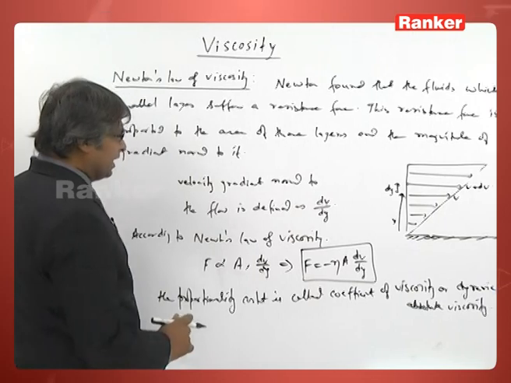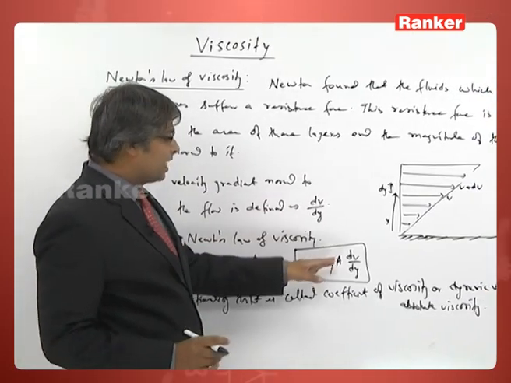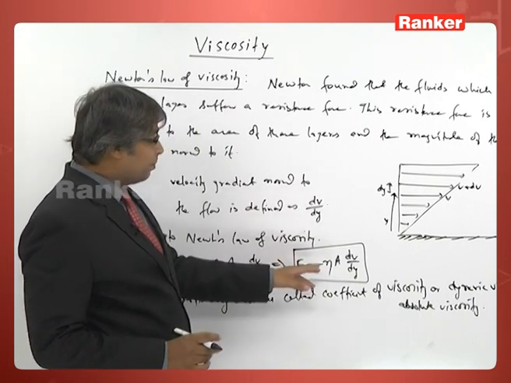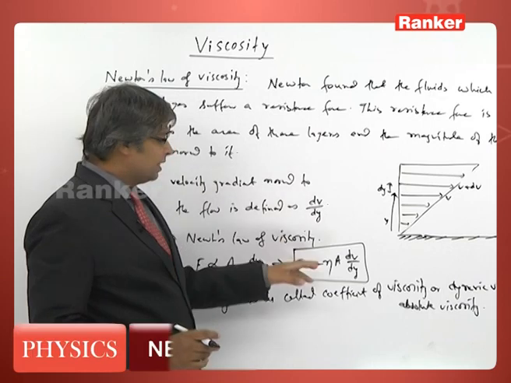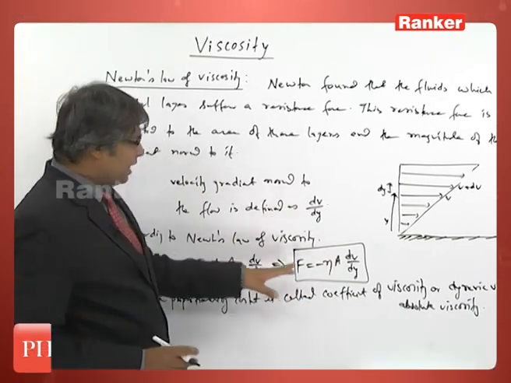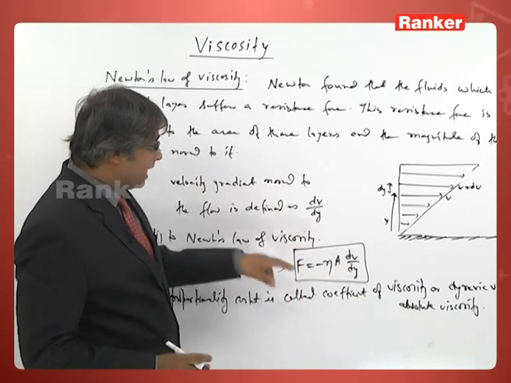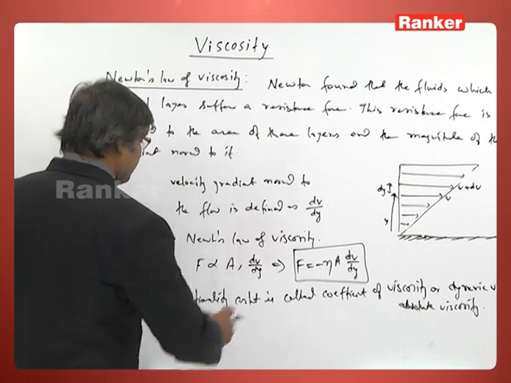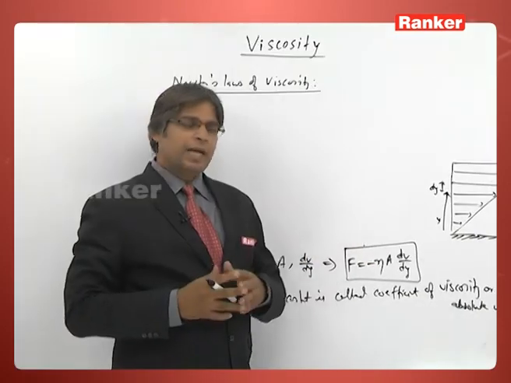Now, this eta does not have a special name in SI units, but in CGS units it has a special name called poise. Now, if I bring this A to this side, then F by A is the shearing stress.